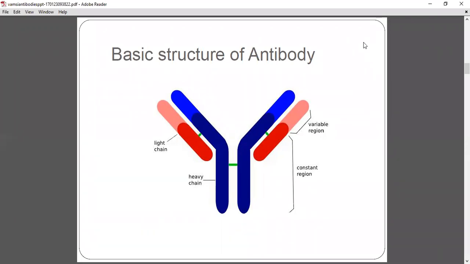Suffice it to say, the outer parts of the Y shape, the variable regions, are the portion they call FAB, capital F, fragment antigen-binding, where you see the blue chain indenting, like it's got a sharp turn for it to become parallel, called a hinge joint.